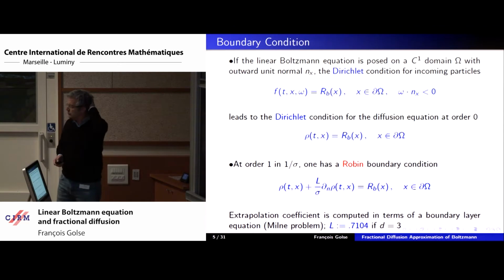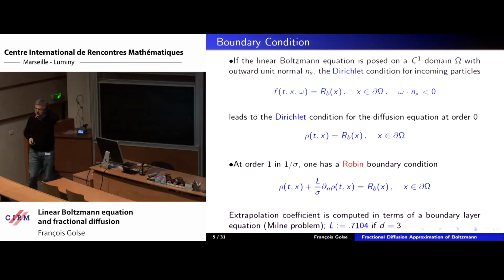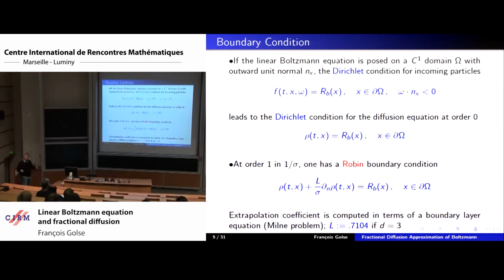Let me say a few words about the boundary conditions. Usually the linear Boltzmann equation comes with a boundary condition that could be, for instance, that you prescribe the Dirichlet condition for the density of incoming particles entering the domain. So if the linear Boltzmann equation is posed on a C1 domain omega with outward unit normal that you denote by n, it would be natural to prescribe the Dirichlet condition for incoming particles, so f of t, x and omega for omega dot n(x) negative, so for omega entering the domain.